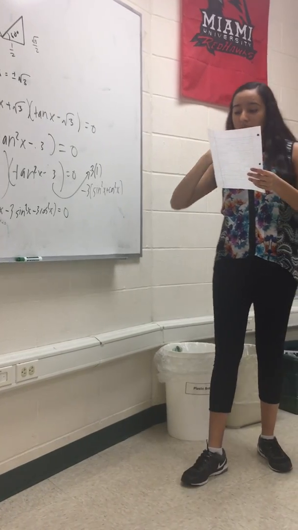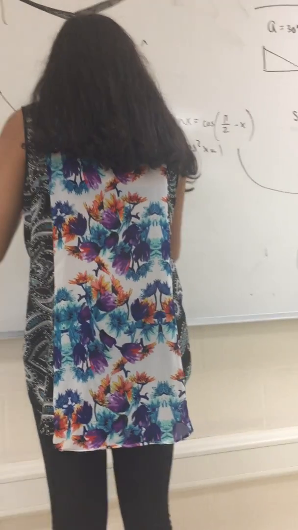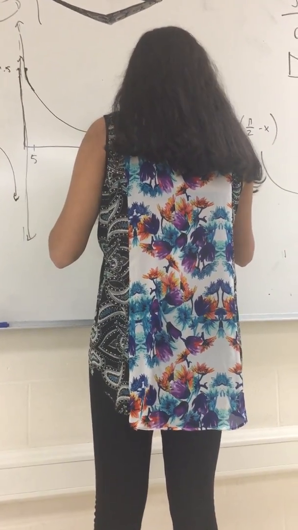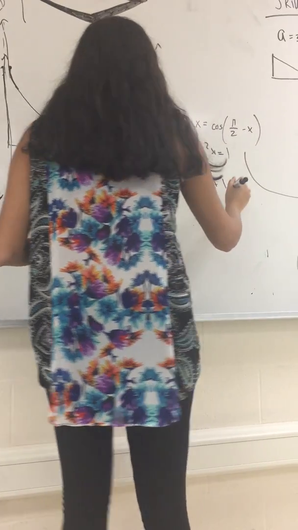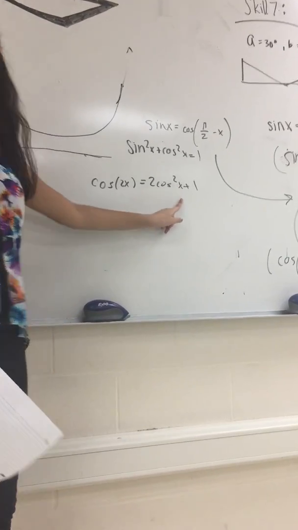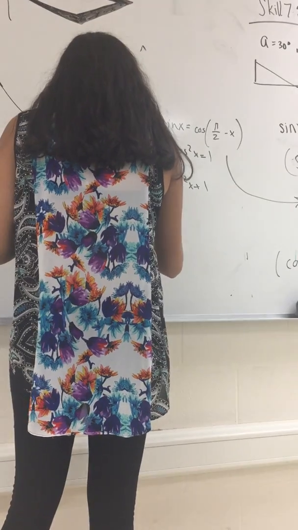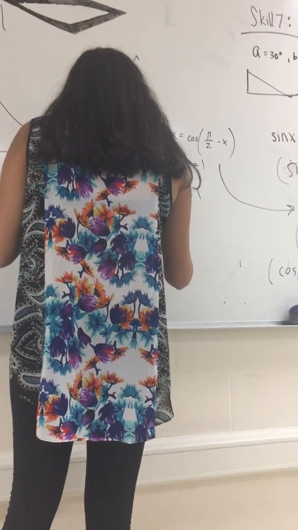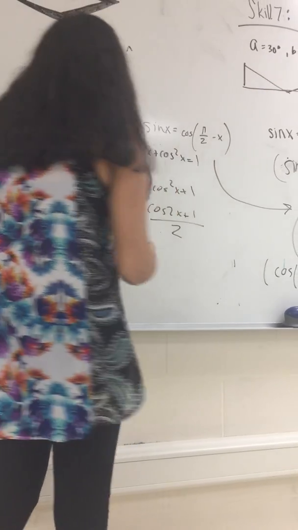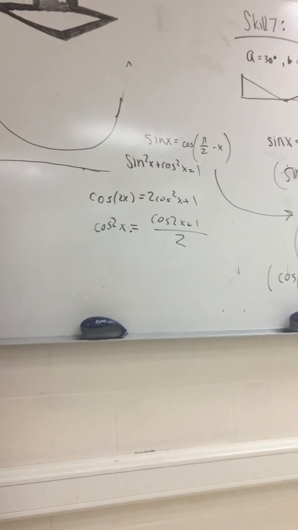The third identity I used would be cosine of 2x is equal to 2 cosine squared x minus 1. Since I didn't have a cosine of 2x squared, but I did have a cosine squared x, I manipulated this identity and got cosine squared x is equal to cosine of 2x plus 1 over 2, and this is actually one of the half angle identities.